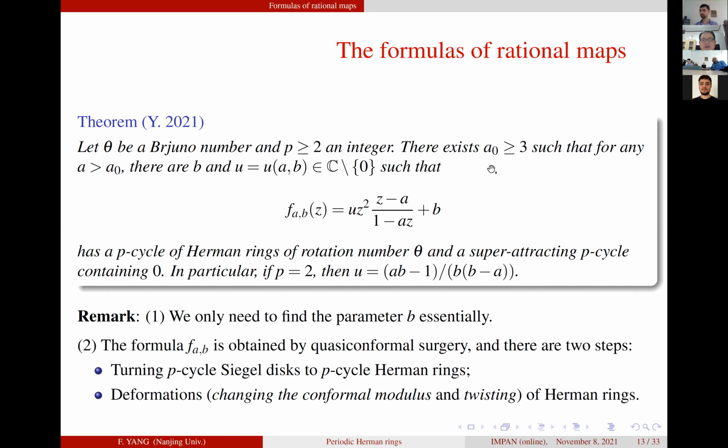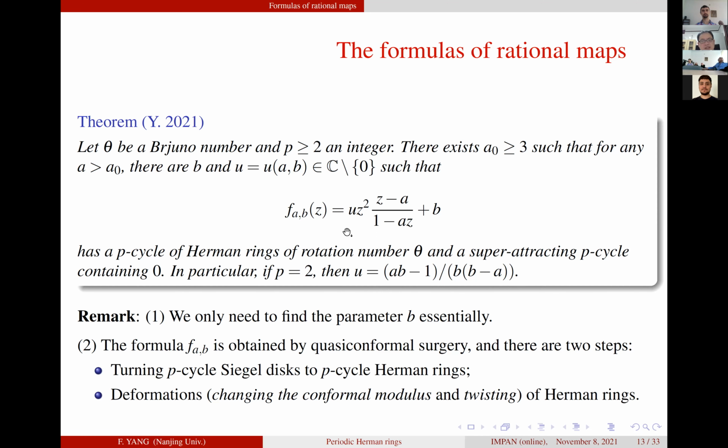If the A naught is given, then we only need to find the parameter B in the session because the U depends on A and B. If A is given, and the B is chosen, then U is determined by an equation because the zero, the origin, is a super attracting p-cycle. So if the period is 2, then U can be written as a formula of A and B.